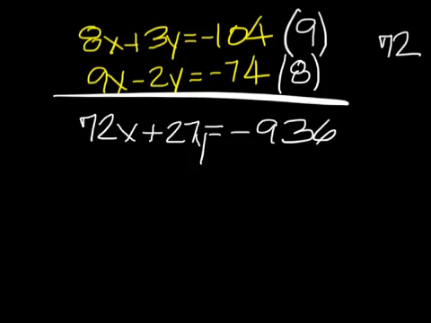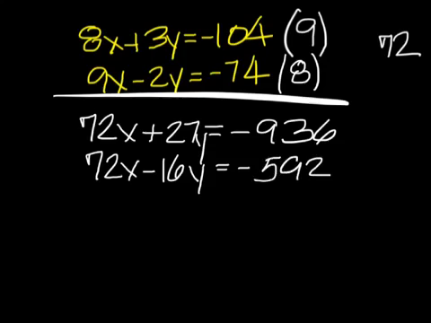Now on the bottom equation, you multiply everything by 8 to get 72x minus 16y and then minus, I believe that's 592, is that right? Negative 592? Yeah, negative 592. So you've changed both of your equations.